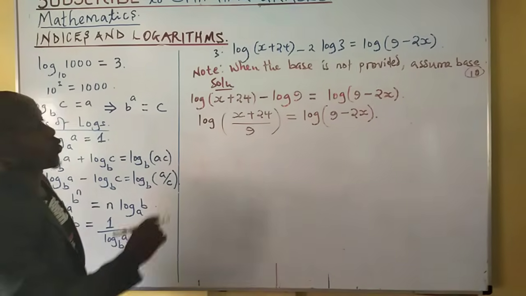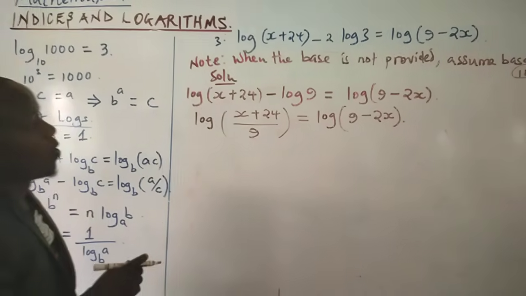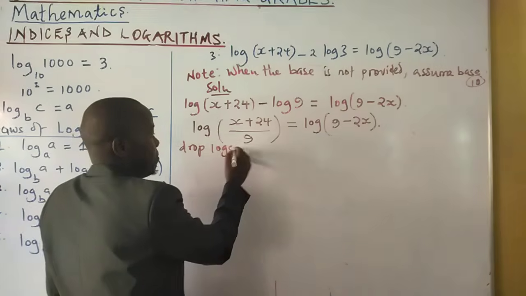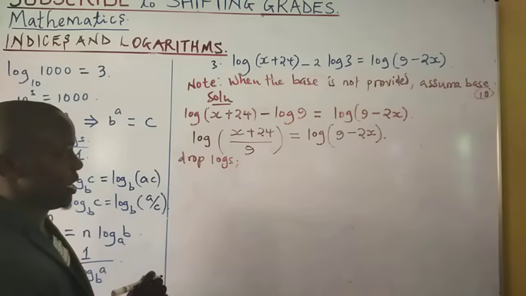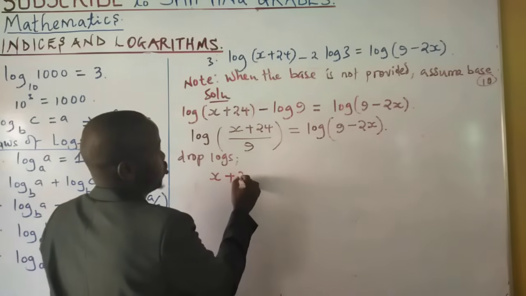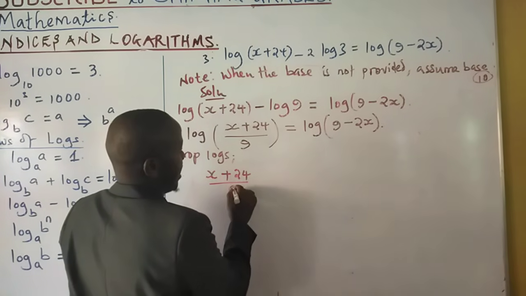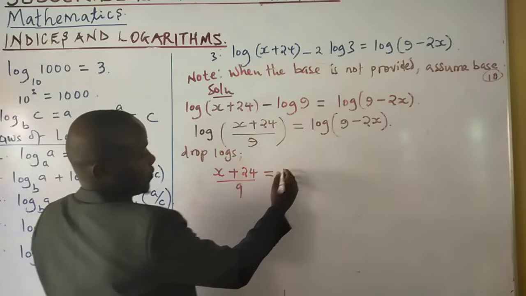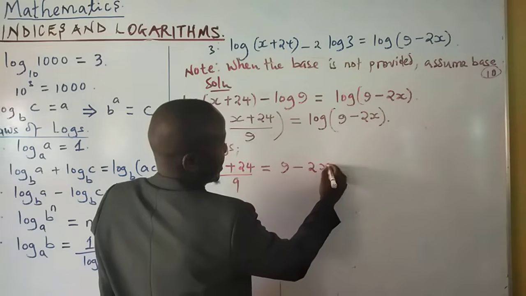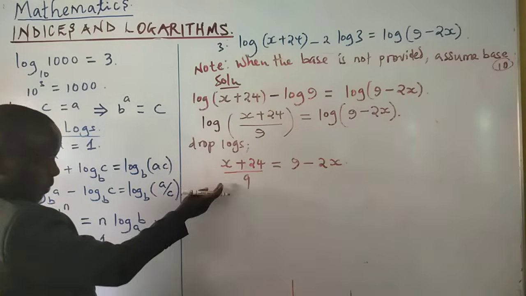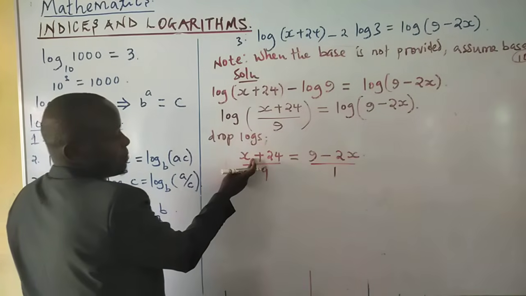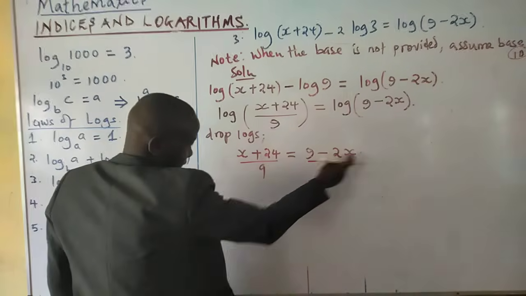Like that. With that, we can now drop the logs. Dropping the logarithm will mean x plus 24 all over 9 is equal to 9 minus 2x. We can multiply through, because this is over 1. Cross multiplication means these terms by 1 and this one by 9.